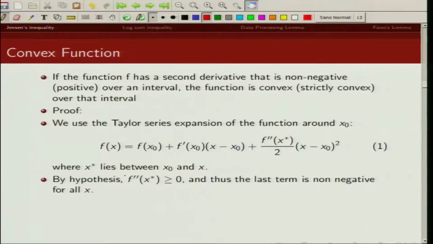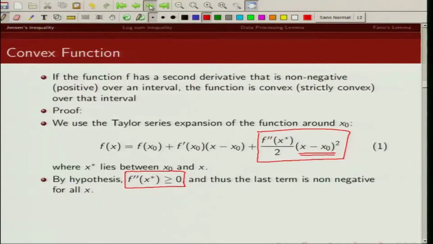So we are saying that if the second derivative is positive, then the function should be convex. So if the second derivative is non-negative, then this last term is going to be non-negative, since it is multiplied by the square of x minus x naught, which is also non-negative. So this whole term will be a non-negative term.